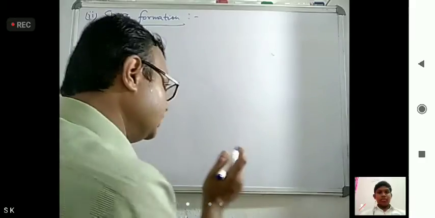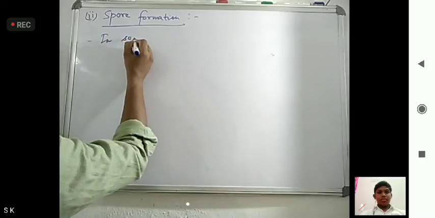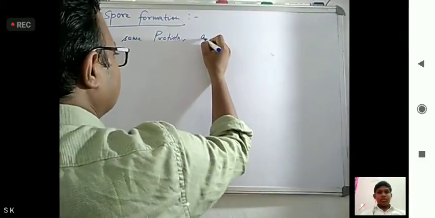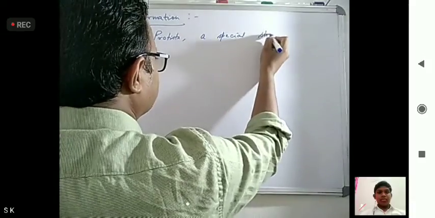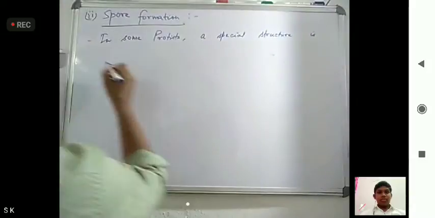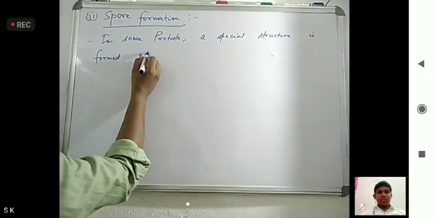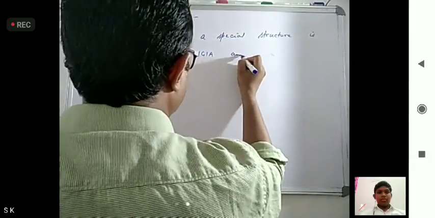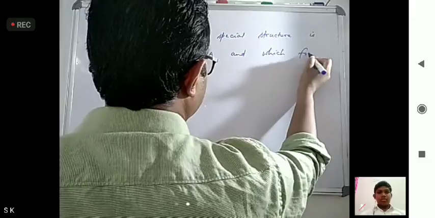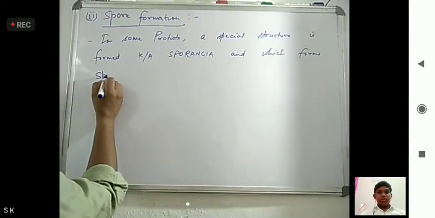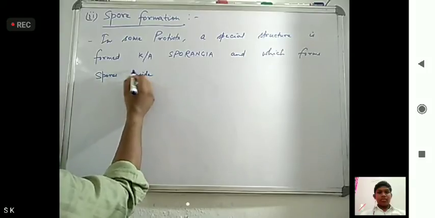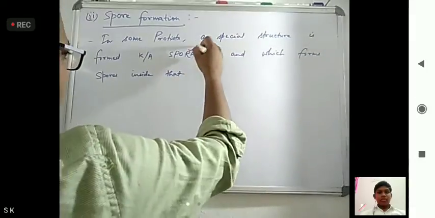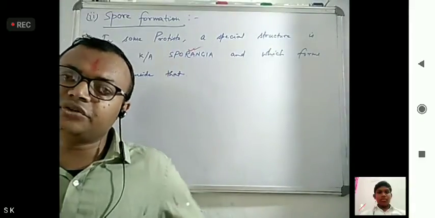Questions ask: spores are formed in a special structure, so that is known as what? Sporangia. So sporangia form spores.